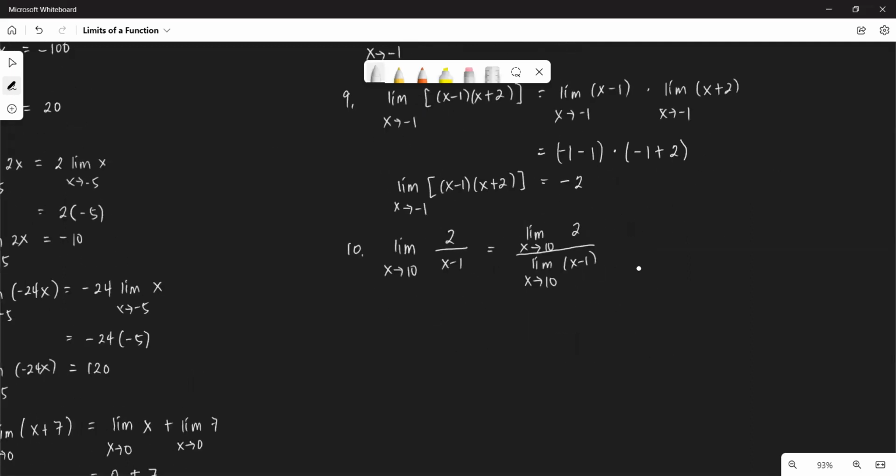So the limit of 2, that's property number 1, it's a constant, so it's 2. And then the limit of x minus 1. So limit of x as x approaches 10 is 10, and then minus the limit of 1 as x approaches 10 is 1. So 2 over 9.